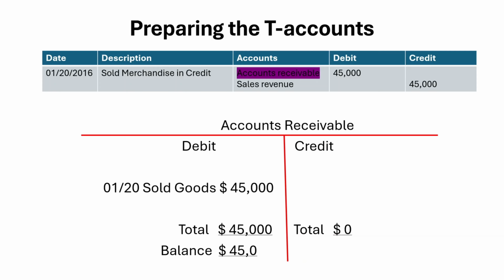We don't have any credit recordings for accounts receivable, so the total on the credit side is 0. Then the balance is 45,000, that is 45,000 on the debit side minus 0 on the credit side, getting a total of 45,000 on this accounts receivable.